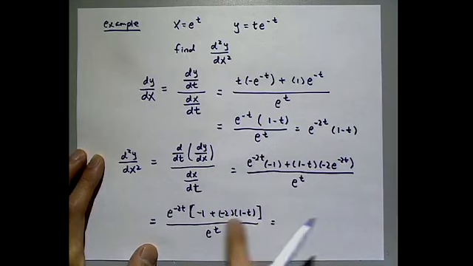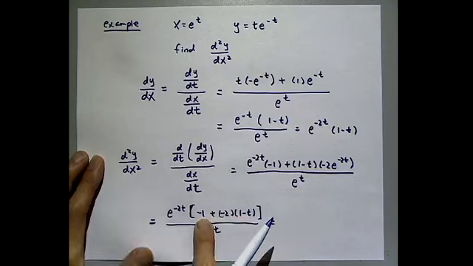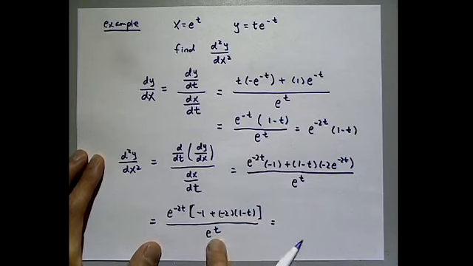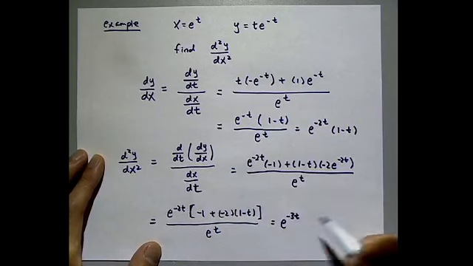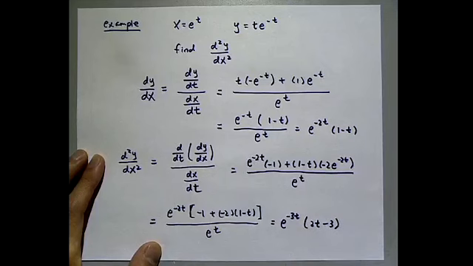So here we got 2t minus 2 minus 1, 2t minus 3. And then again, I'll bring this back up. So there we go.